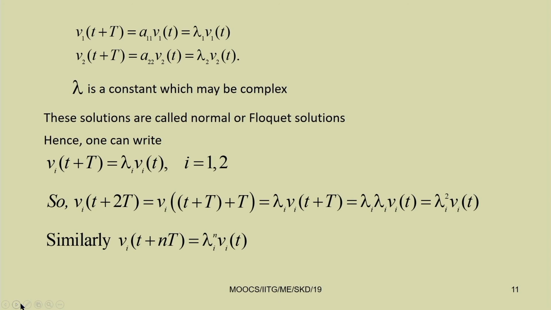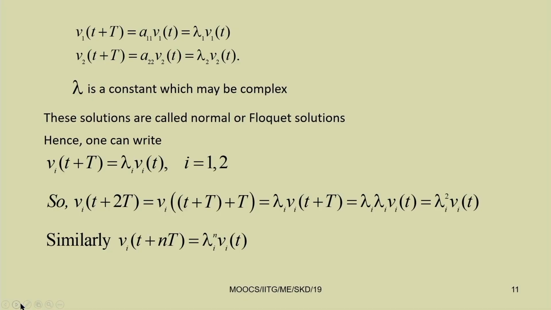That means we can get a set of solutions for which the A matrix will be only diagonal. The off-diagonal terms are 0, and in that case V1(t + T) equal to lambda 1 V1(t) and V2(t + T) equal to lambda 2 V2(t). Here lambda is a constant which may be complex also. These solutions are known as the normal or Floquet solutions.